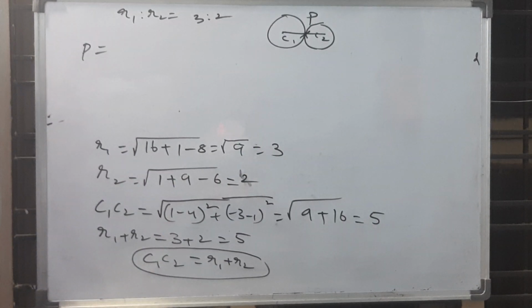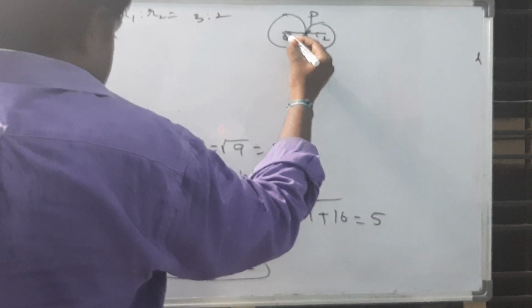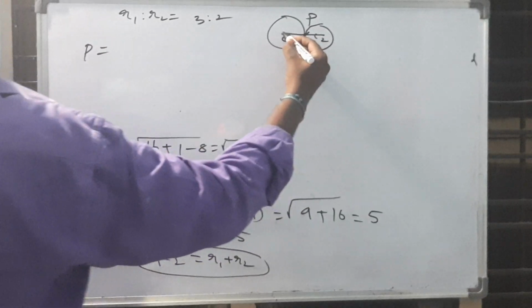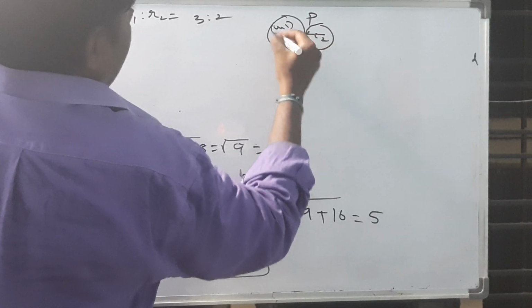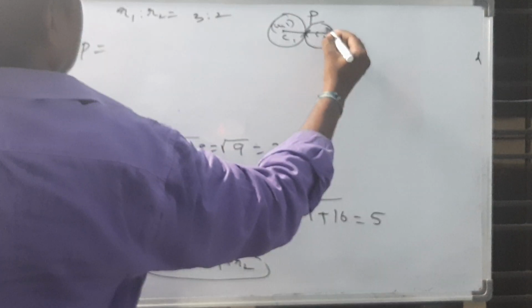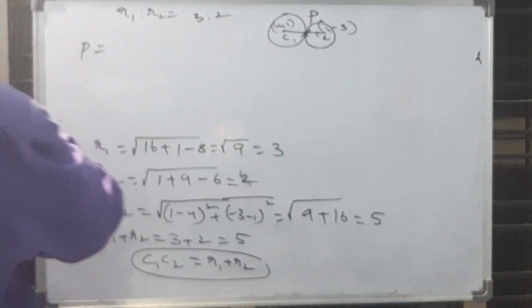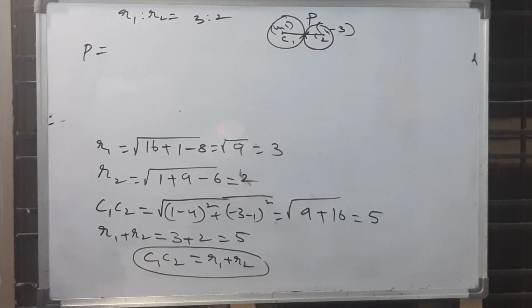So what is the formula? Find the point of contact: M1 x2 plus M2 x1 by M1 plus M2, M1 y2 plus M2 y1 by M1 plus M2. This is x1 y1. Center is 4 comma 1 is our C1 and C2 is 1 comma minus 3. So apply that formula.